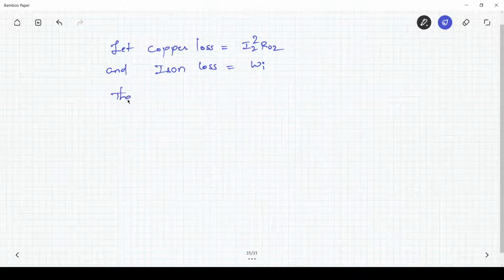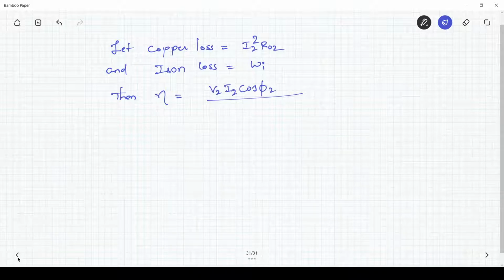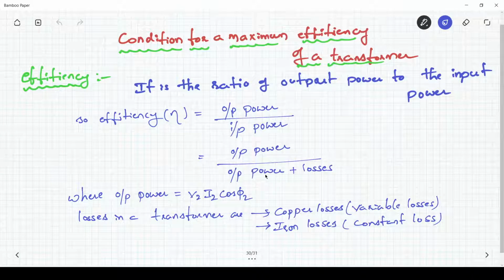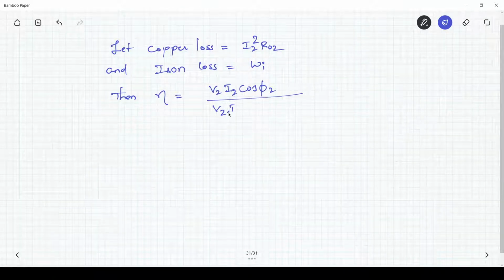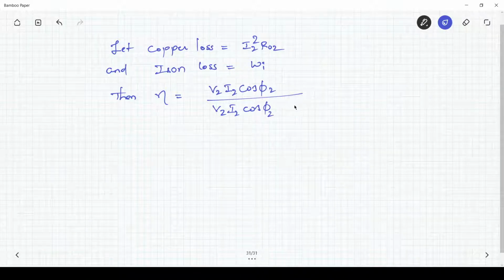Then the efficiency of a transformer is output power, here V2 I2 cos phi 2, divided by output power plus losses. What are the losses? Copper loss and iron loss: I2 square R02 plus iron loss.